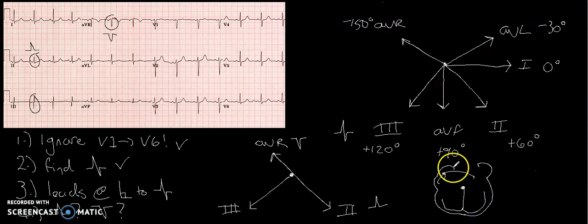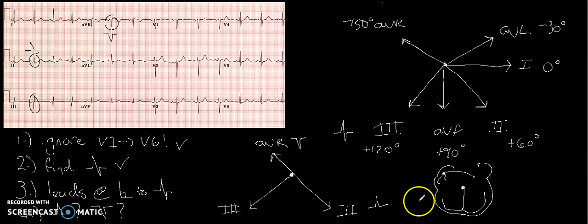It means that as this heart is depolarizing and the wave of depolarization is spreading through the atria, down into the atrioventricular node, down the bundles and into the Purkinje fibers, the mean wave of depolarization is running this way. It isn't running this way, it's running this way. So that means the axis of the heart, the mean depolarization vector, is running towards lead 2, down this lead.